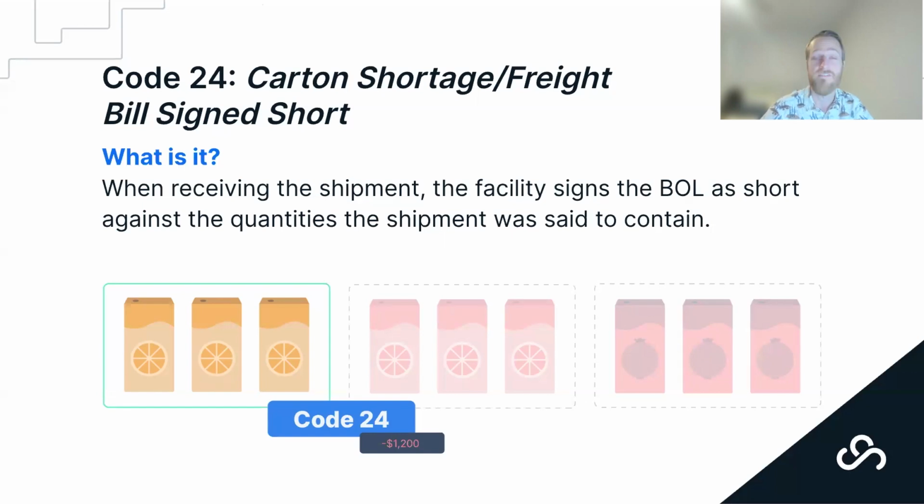That's just their default description for this code. So you can never take Walmart's data at face value and believe it to be true. Sometimes you've got to do a little bit of legwork to verify this. And so code 24s we see as often invalid, but another very common shortage deduction code.